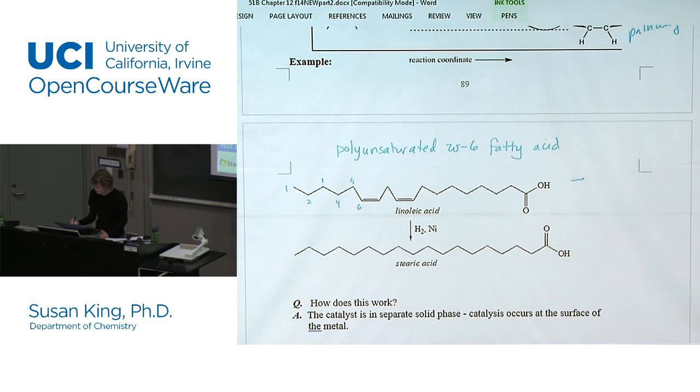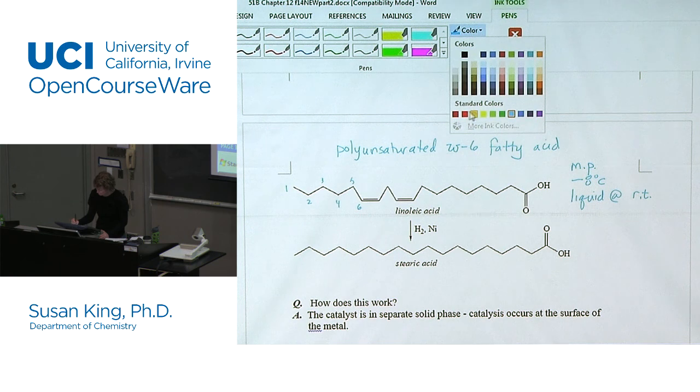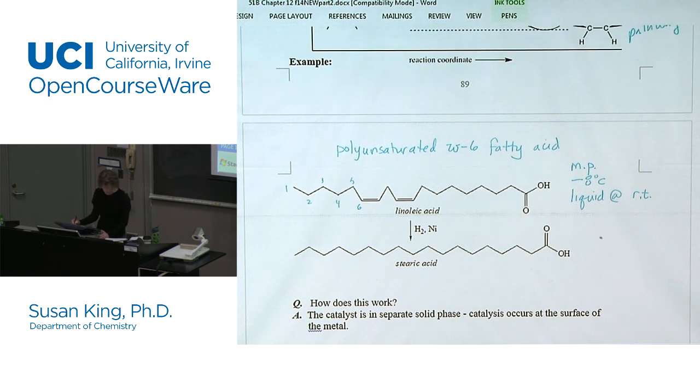It has a melting point of -8 degrees centigrade, so it's liquid at room temperature. Once we hydrogenate that, we get a saturated fatty acid, solid at room temperature.